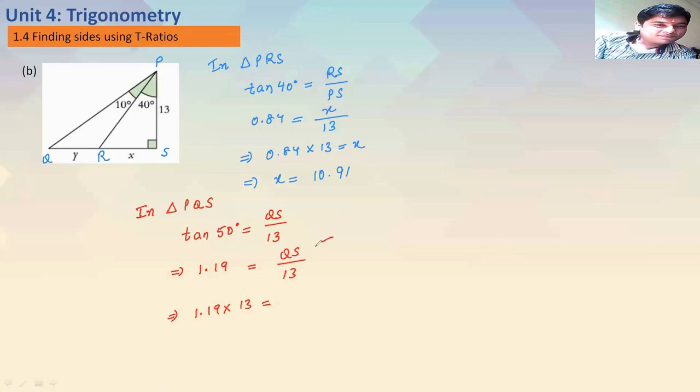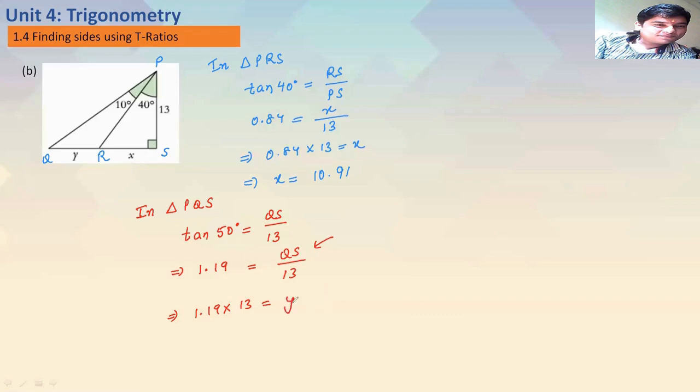I'm talking about QS. What is QS? See the figure. QS is the opposite. Yeah, but QS is made up of Y plus X.